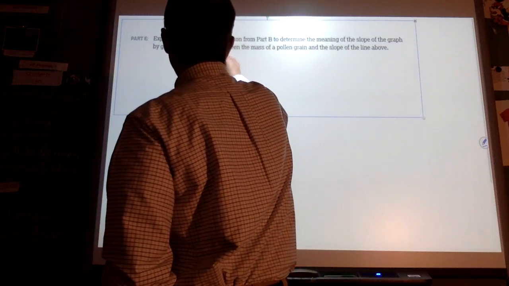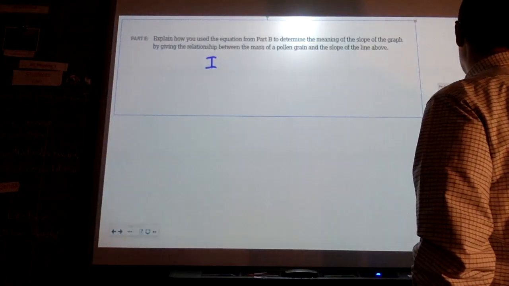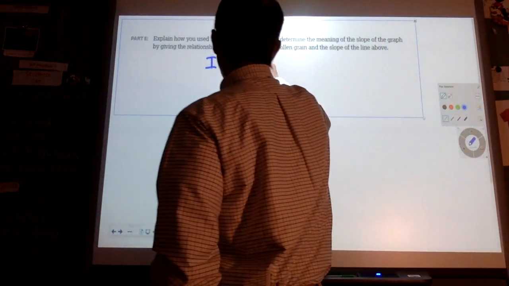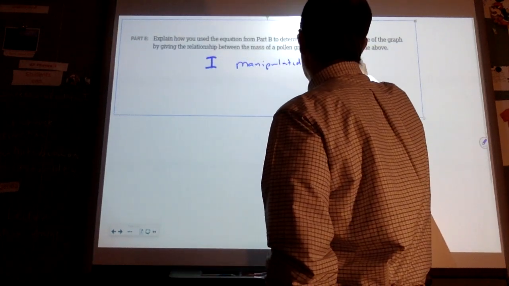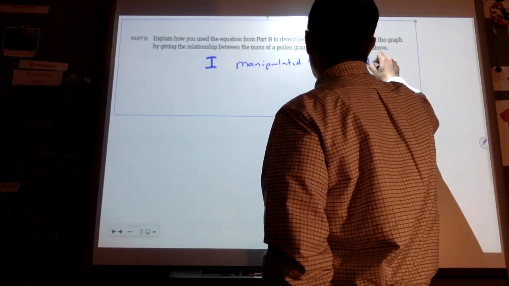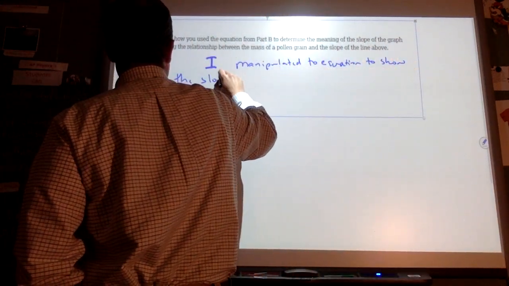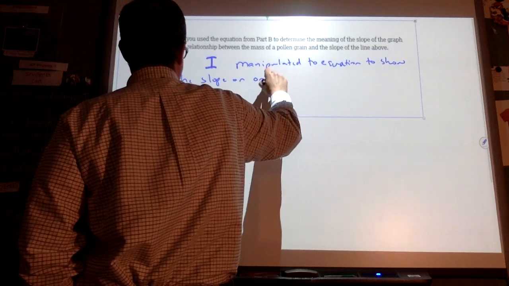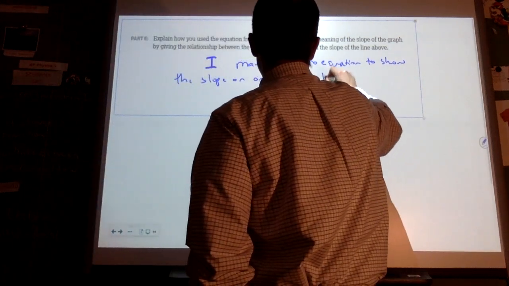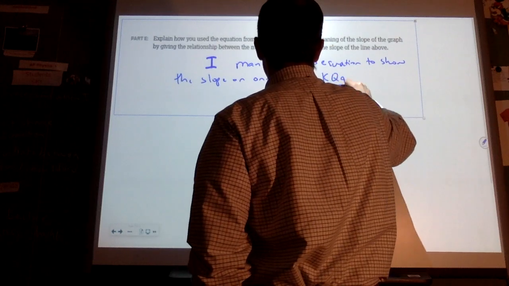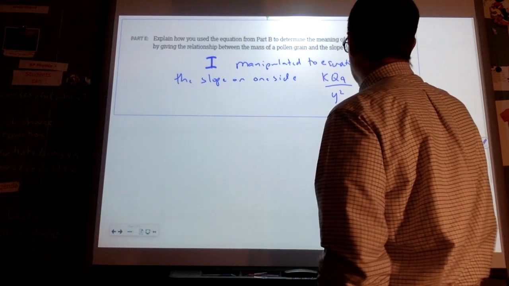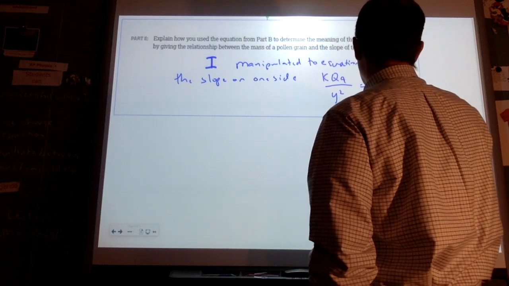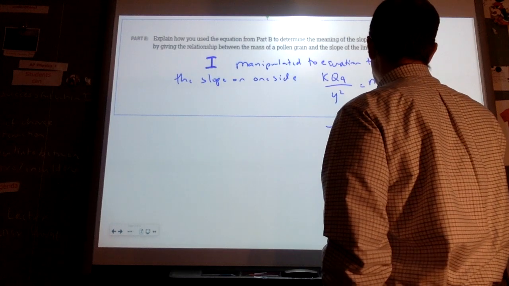So I manipulated the equation to show the slope on one side. So kQq over y squared equals mg. So q over y squared equals mg over kQ.